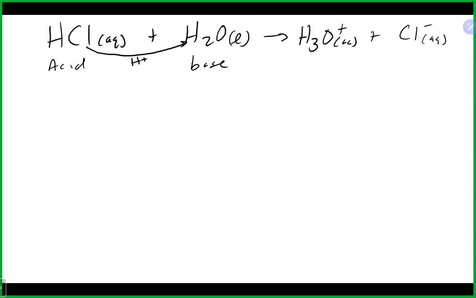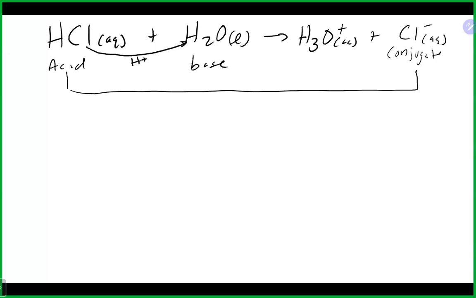And our acid on one side is related to what is known again as the conjugate base on the other side. And the base on one side is related to what is known as the conjugate acid on the other side. And once again, in order for any of these to be partners or pairs, it is only one H plus difference.